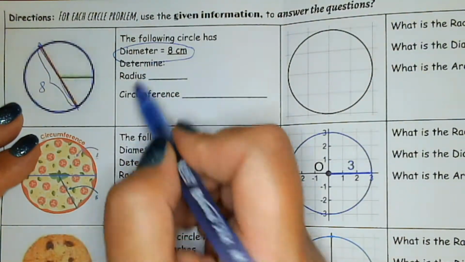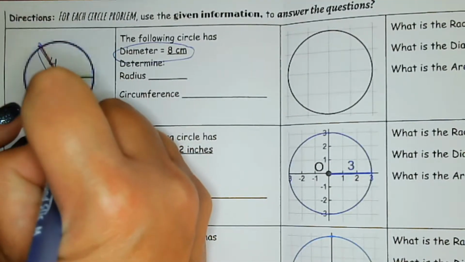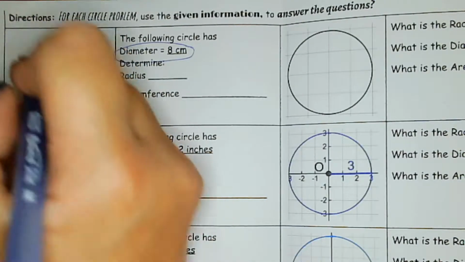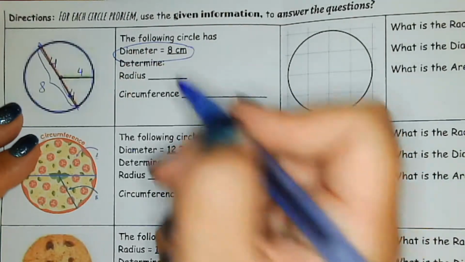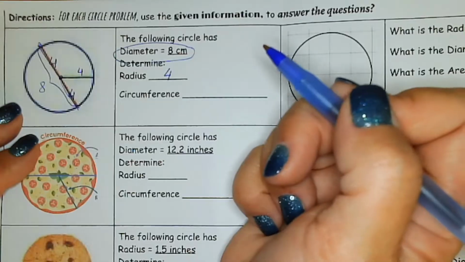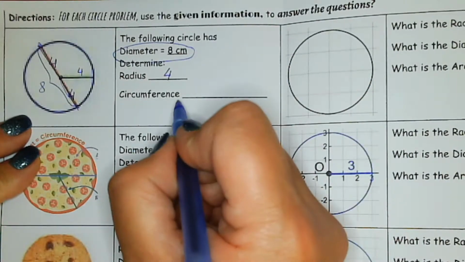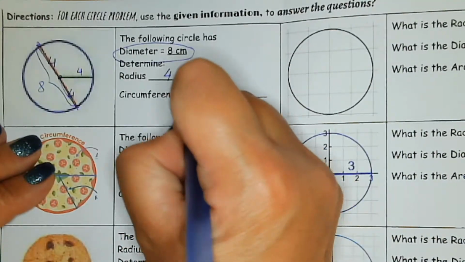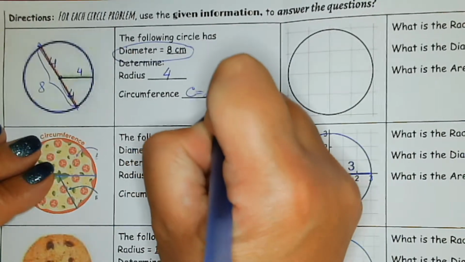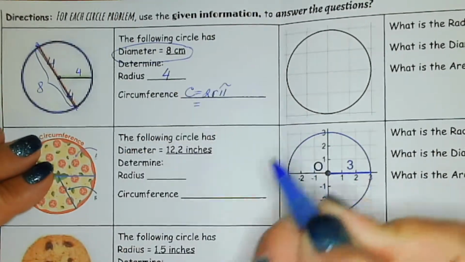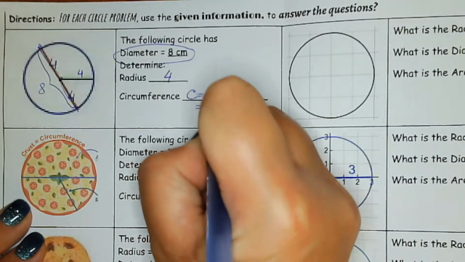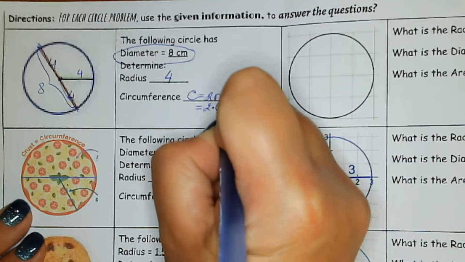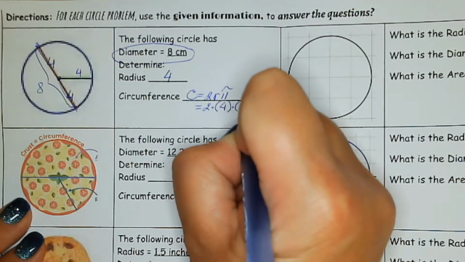To determine the radius, we need 4 and 4, or 8 divided by 2, because the radius is half of the diameter. So the radius would be 4, 8 divided by 2. Circumference. To find a circumference, we need 2 times radius times pi. So always start with the formula. 2 times radius times pi, which is 2, substitute the radius, 4, substitute the pi, 3.14.